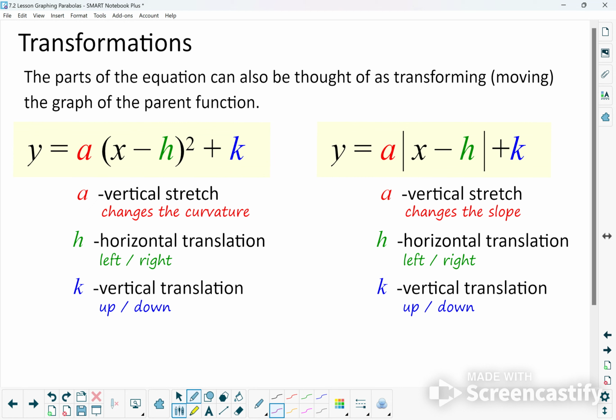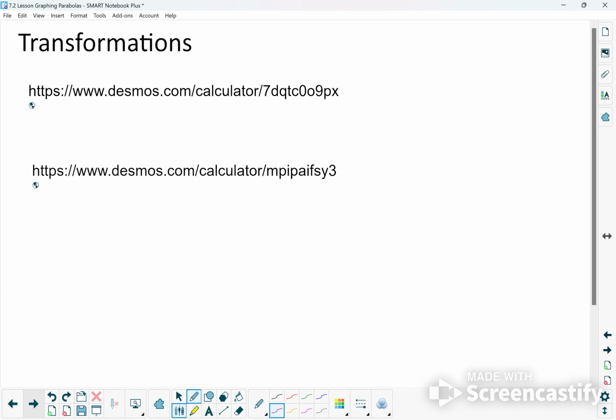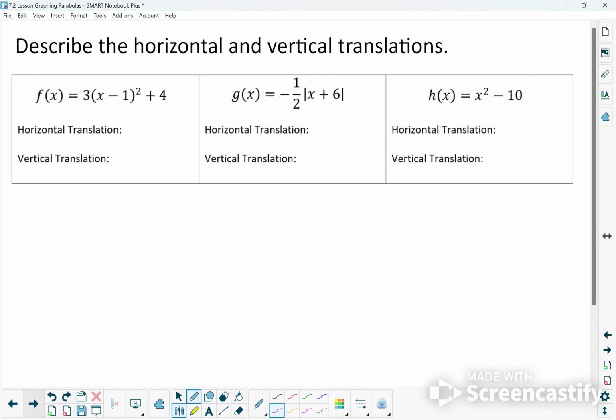And then the k value, which is the constant at the end, is the vertical translation, and it is going to tell you if the function is shifted upward or downward. And on these problems we are just going to describe the horizontal and the vertical translations.